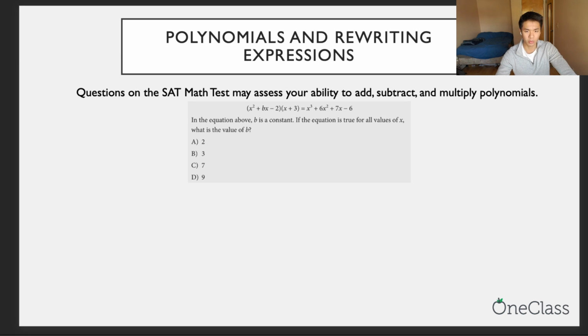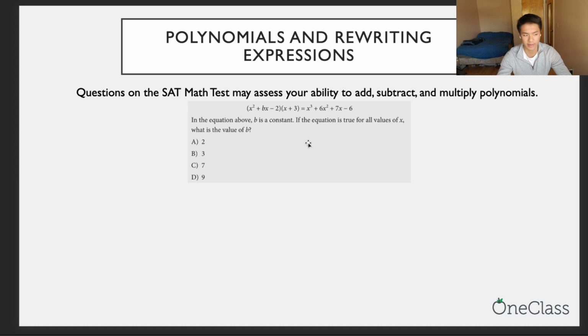So we'll start with polynomials and rewriting expressions. The major math skill that you need to know here is simply how to manipulate polynomials when they're maybe not in their most expanded form, or maybe they're not all on one side. That's basically saying you can add, subtract, or multiply terms of the same exponent.